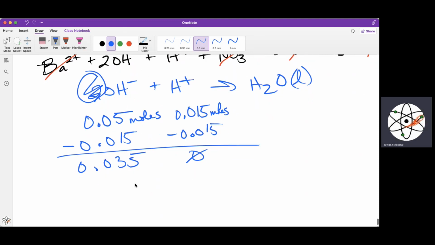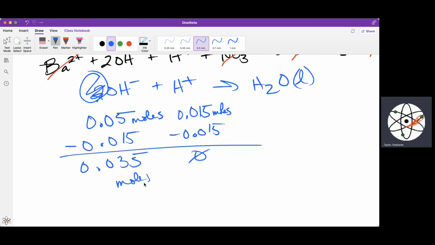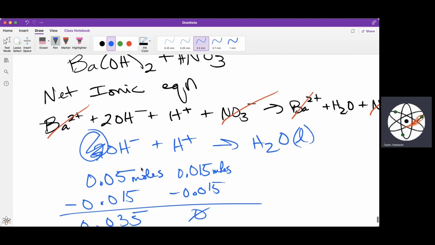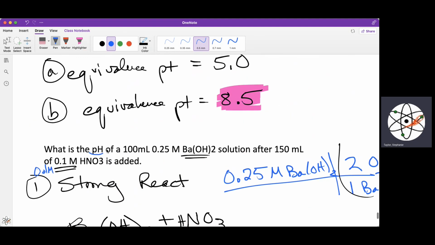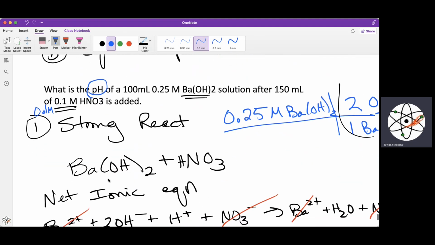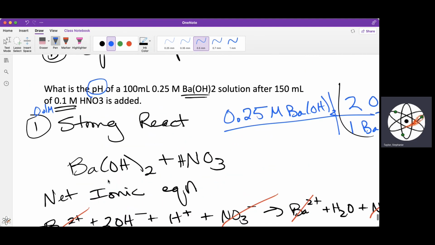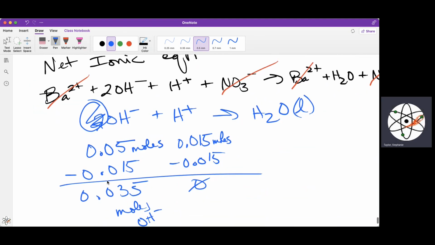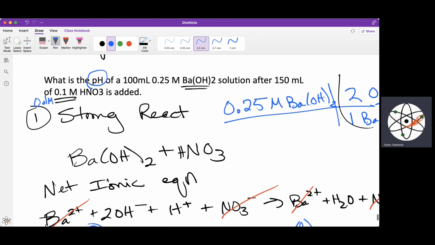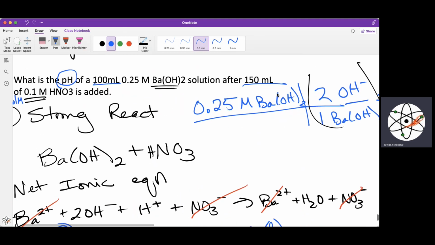Now, the thing is that this again is moles of OH minus. The lovely thing here is since the goal is pH, I can still use this. So keep in mind that since I did add those two together, I do have to change my volume. So I have 100 milliliters and 150 milliliters.